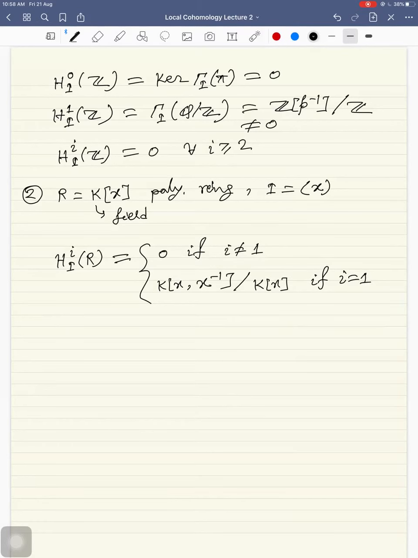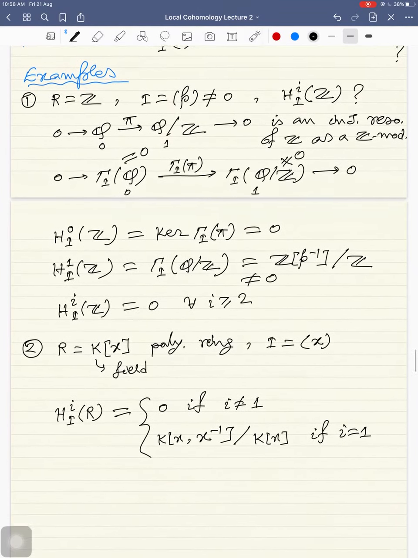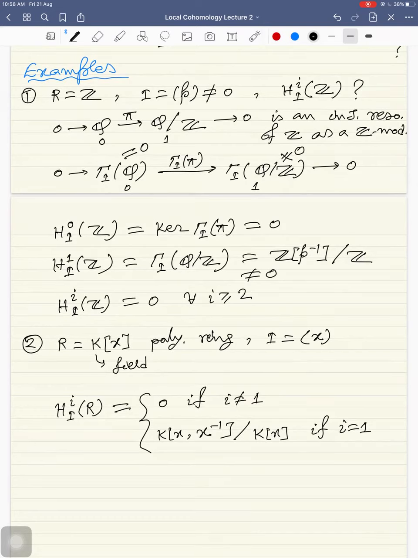And this you can prove just by considering a similar kind of injective resolution.